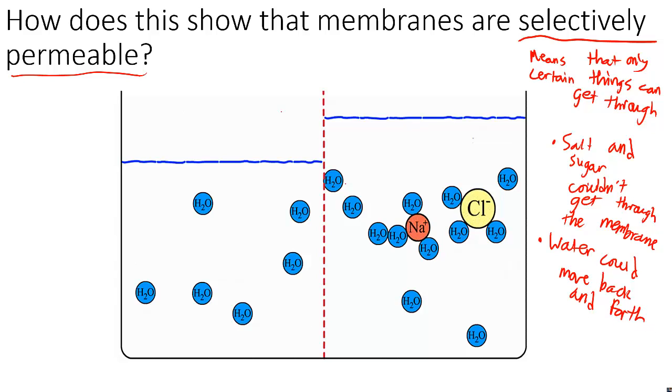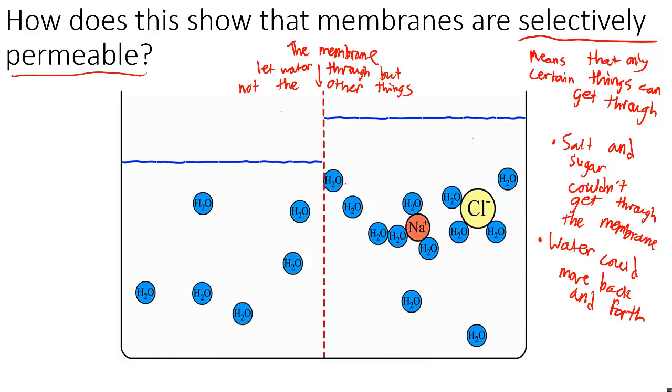Okay, so the membrane, right here, the membrane let water through, but not the other things. Okay? That means it's selectively permeable. Selective means you pick because you're choosy.